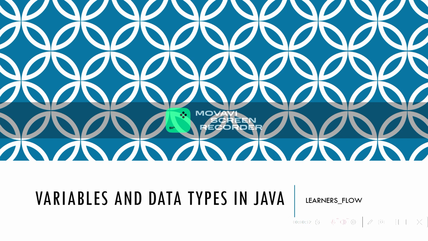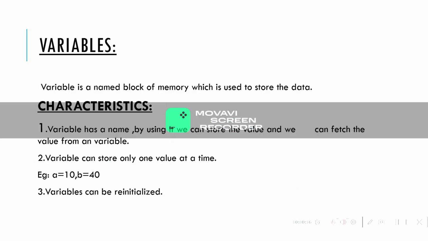So today we are going to learn about variables and data types in Java. So what is a variable? A variable is a named block of memory which is used to store data. So we can say it is like a container. We usually use containers to store something.